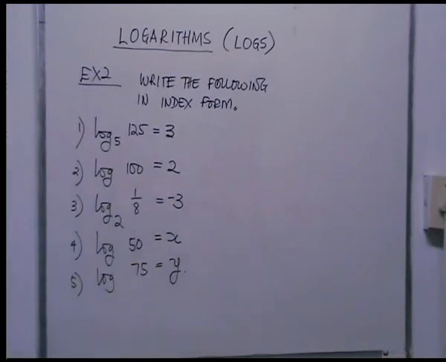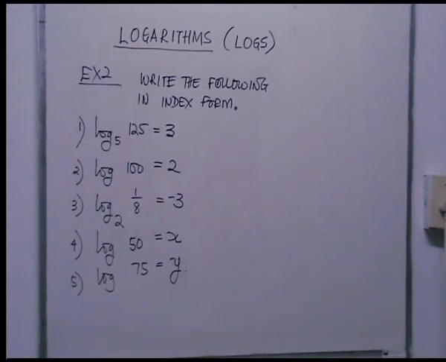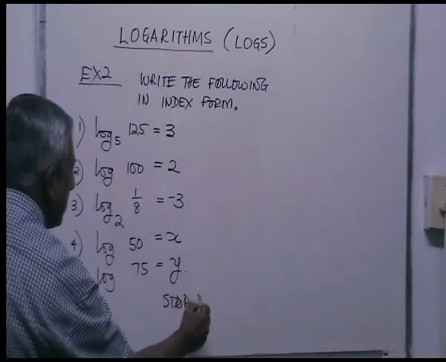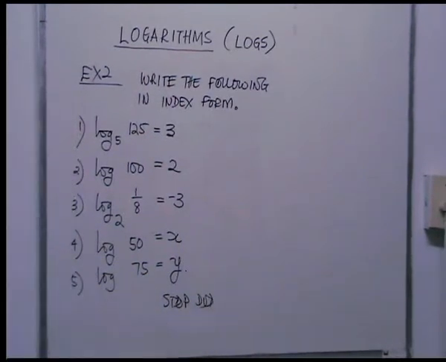So here you have 5 examples and you are required to rewrite them in index form. Right? So you can take them down, stop the DVD, work it out, and then come back to check the answers. Right? Enjoy them.